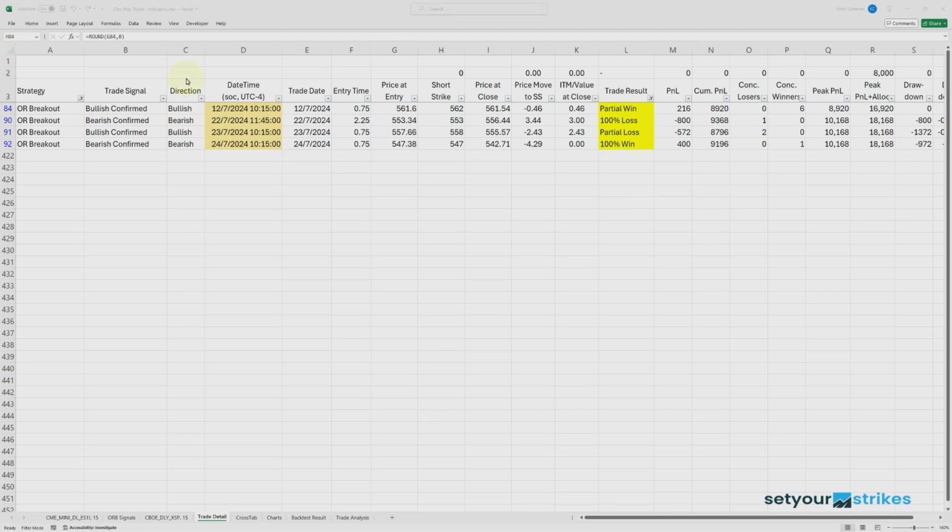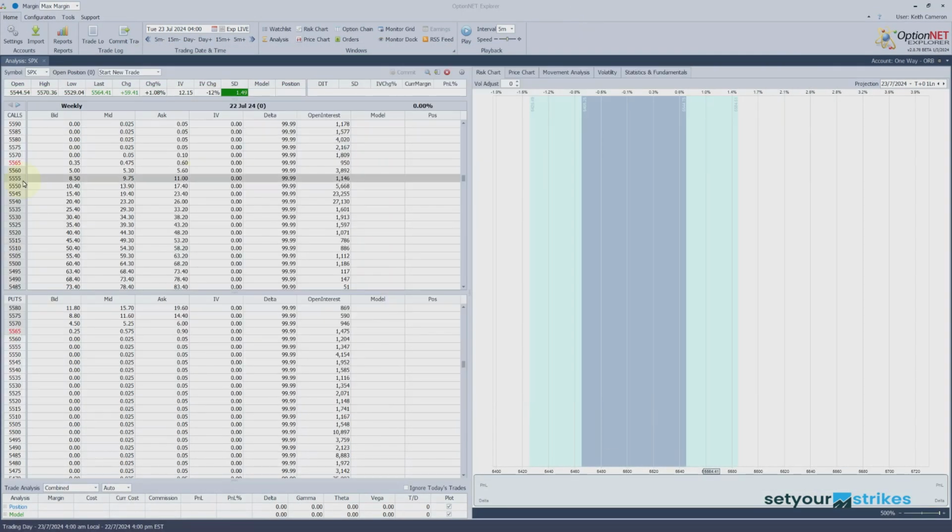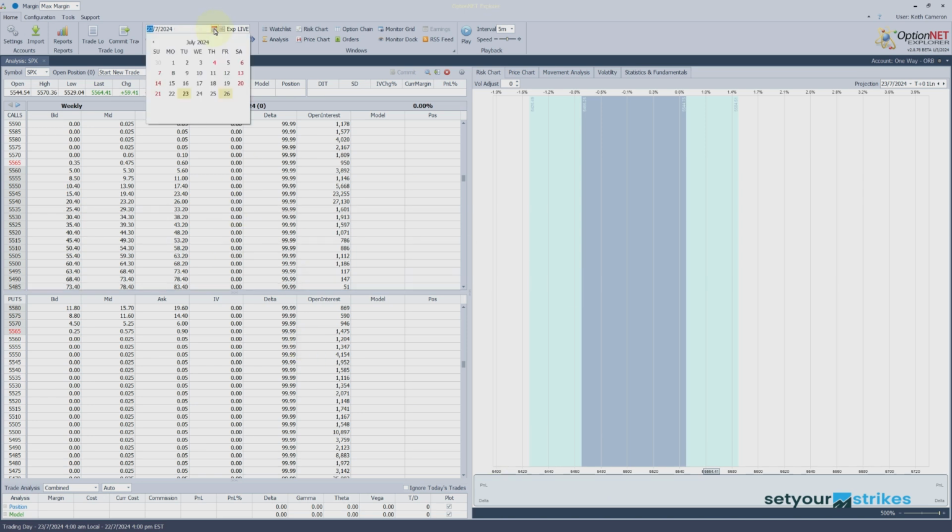Okay, so let's take a look at this first trade here. I'm just going to mark the short strike there at 562. This is going to be on the 12th of July. I'm going to move this to my other screen. I'll bring it back to show you what I'm referencing, but I'm just going to navigate to that date, the 12th.